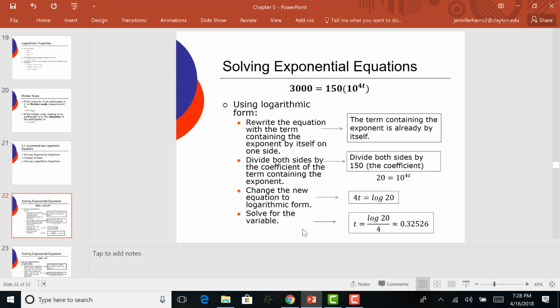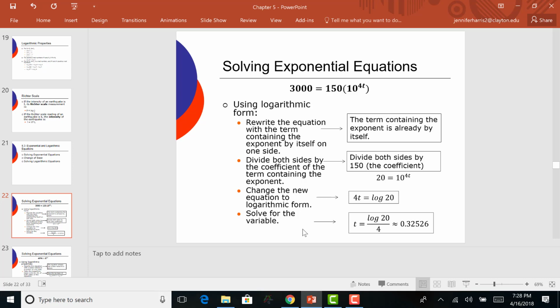So if it has an A, because you told me A was how much? What was A? If it has an A, divide both sides by it. If it doesn't have one, you don't have to do step one. All righty? So step one was what? Divide both sides by whatever A is. If you don't have one, you skip step one.